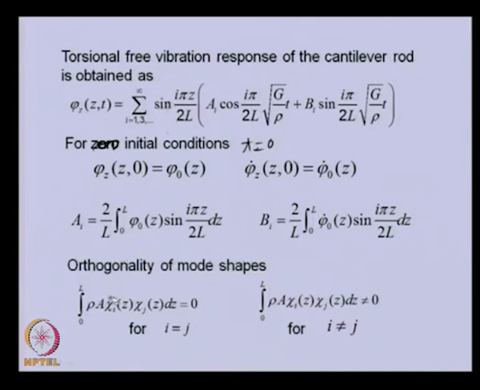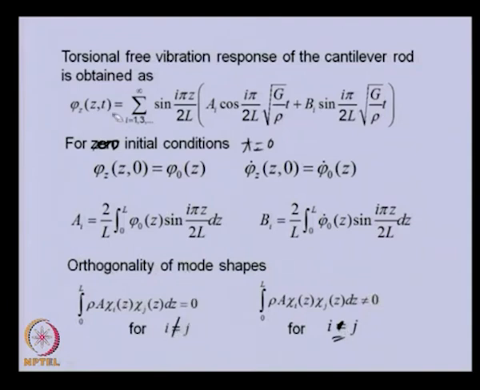And while integrating, we will be using the orthogonality of the mode shapes. That means, when these two mode shapes are not the same, then this is 0. When two eigenfunctions are the same, this quantity will not be 0, and when these two eigenfunctions are different, then this will be 0.